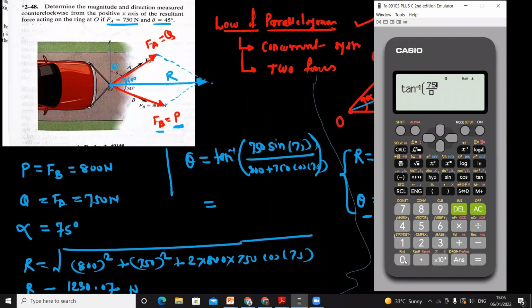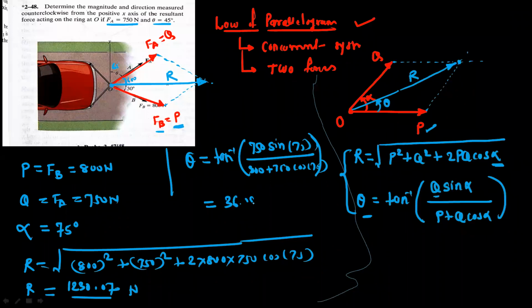First value is 750 sin 75. Then in the denominator, it is 800 plus 750 cos 75. Then press the right arrow and complete the bracket. Then equal to. So the angle is 36.082. So this theta angle is with respect to force P.